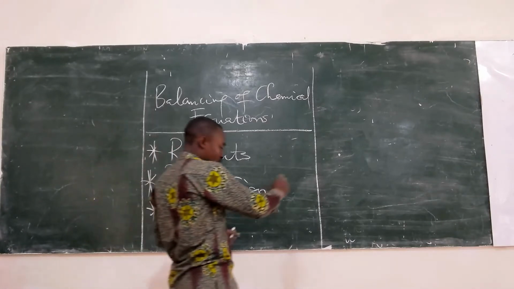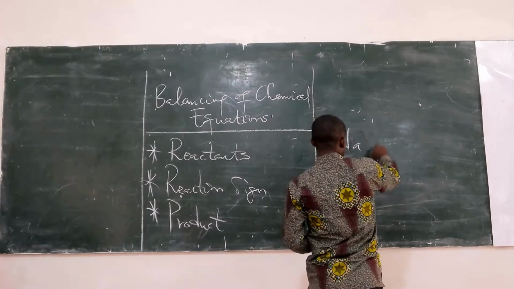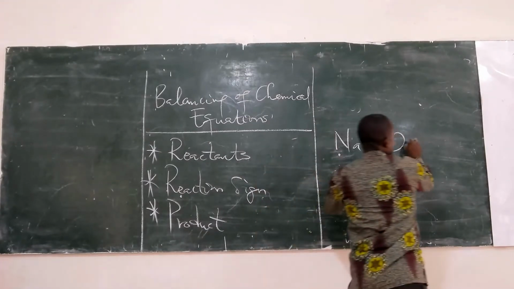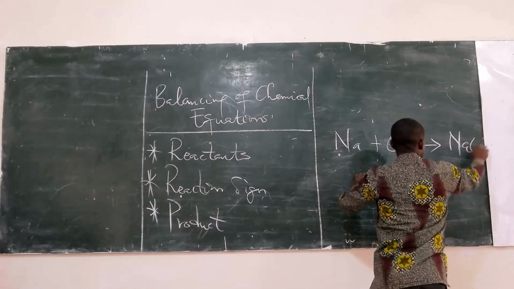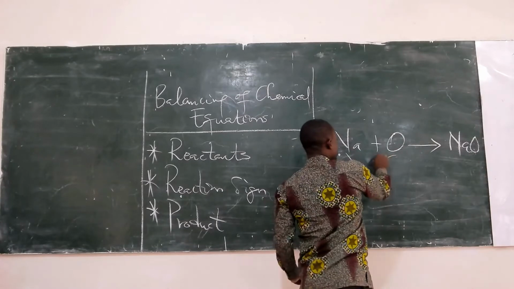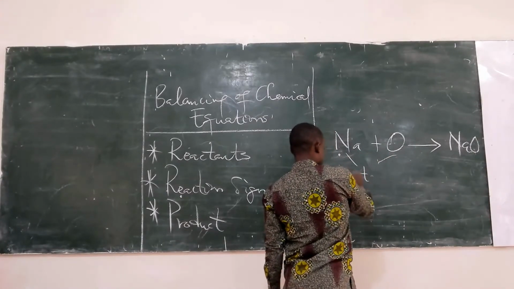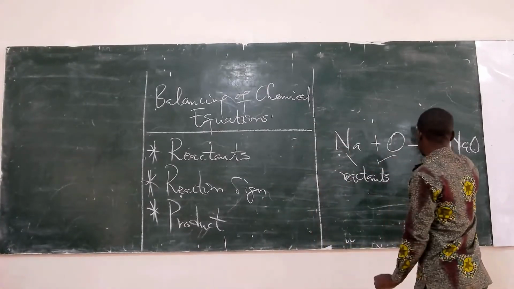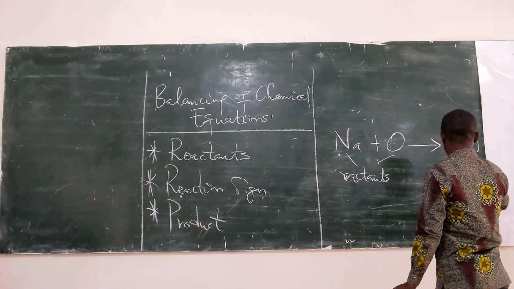So, for example, if you look here, I have this. This is my reaction sign. So these 2 will be the reactants. And then this is the reaction sign, and then the product.